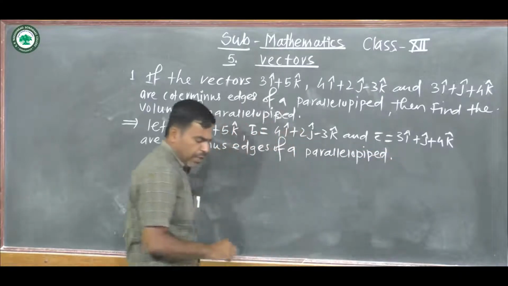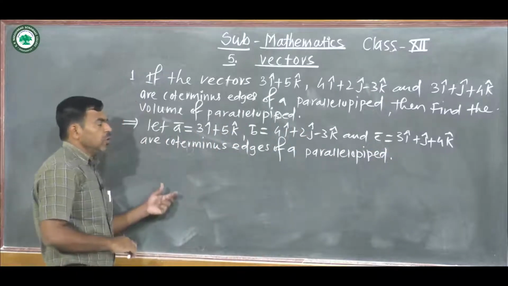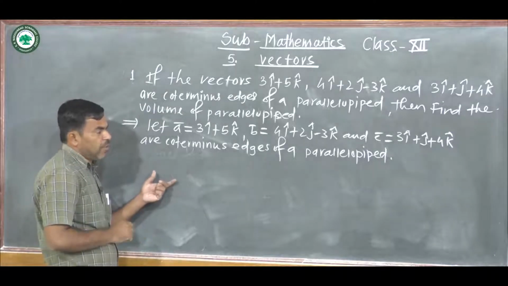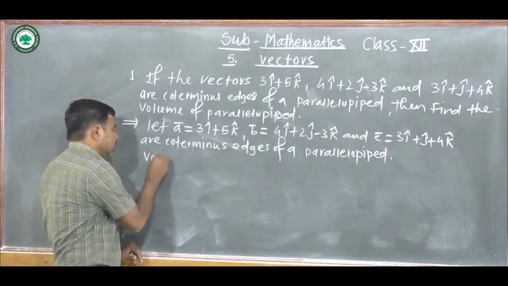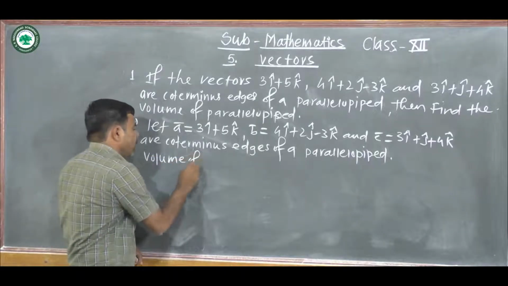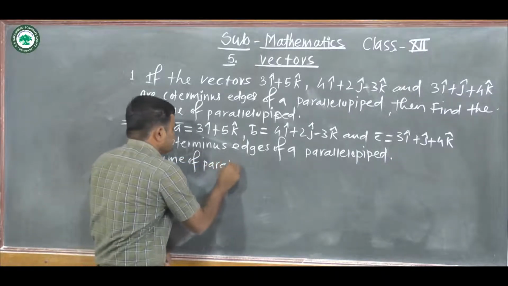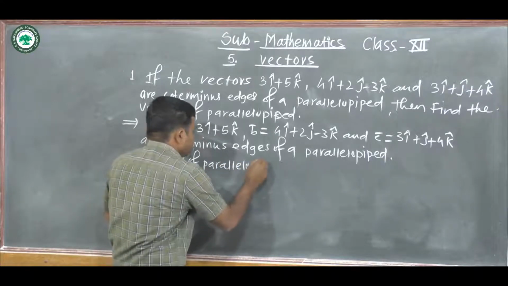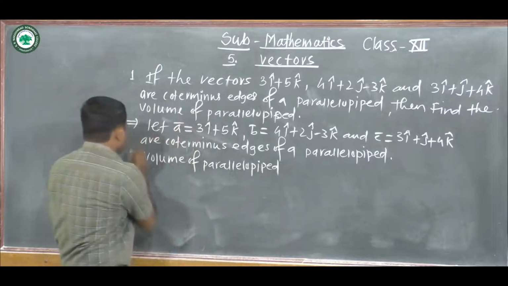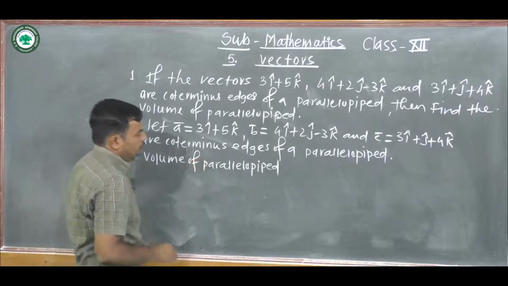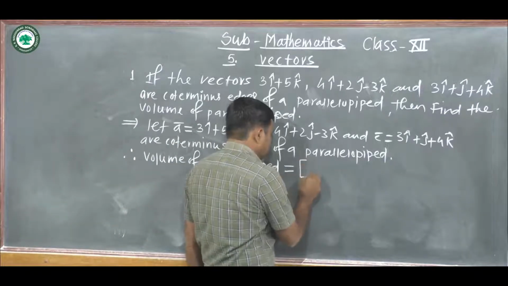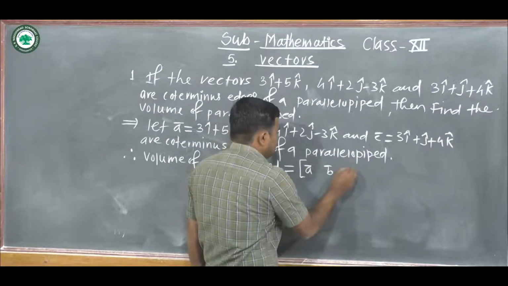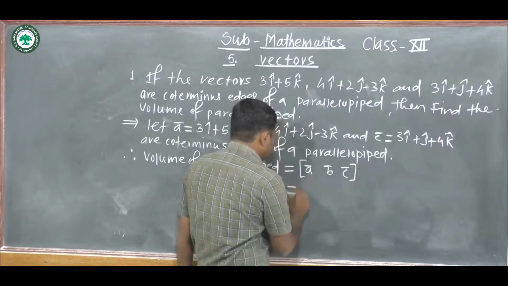We know that if A bar, B bar, C bar are three coterminous edges of a parallelepiped, then the volume of that parallelepiped is the box product A bar, B bar, C bar.